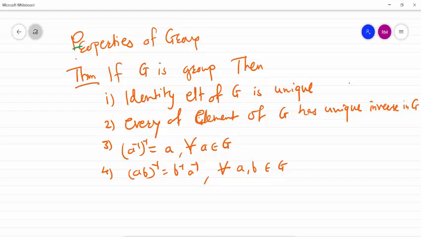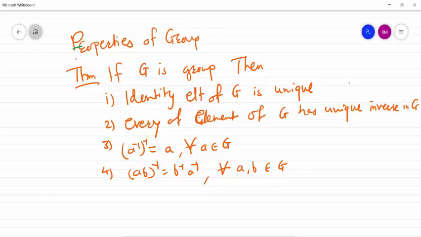Then our job is to show E equal to E dash. Here also, suppose there is some element which has two inverses, then our job is to show these two inverses are not different, they are the same. For the third, we can take this as an inverse into A, that is equal to E. This we have to prove.